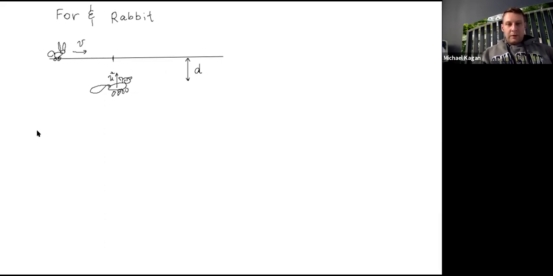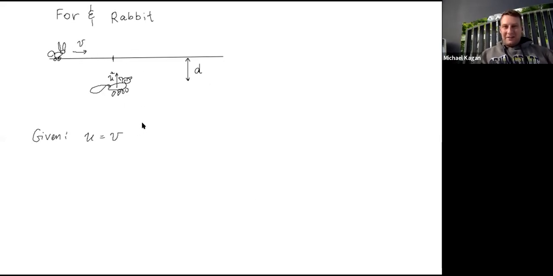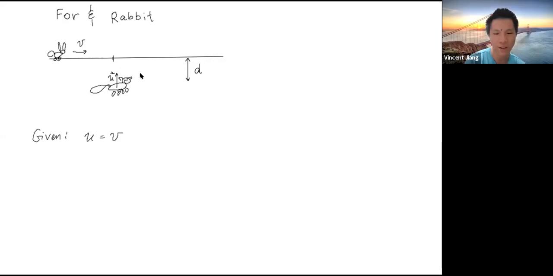So what's given in this modification of the problem is that the absolute value of the fox's speed is the same as that of the rabbit's speed. So let's just put a thumb up if you know this problem. Just Andrew? Okay, good. So Vincent, you haven't seen it. No, I haven't seen this one.